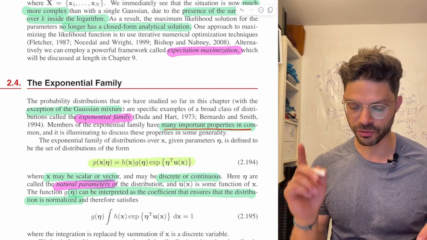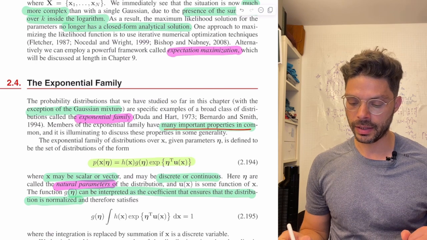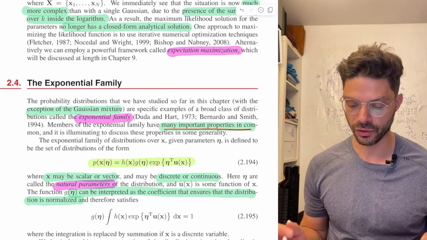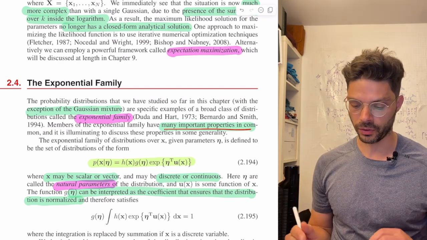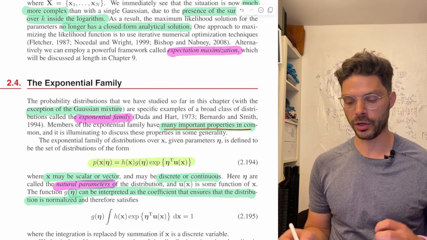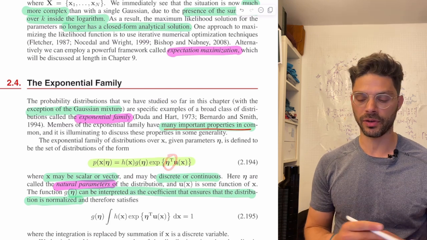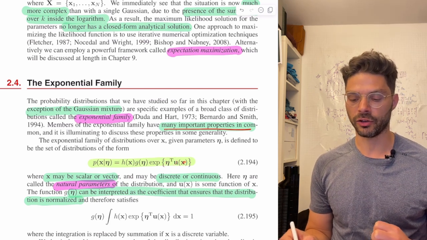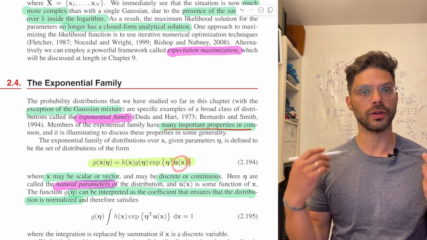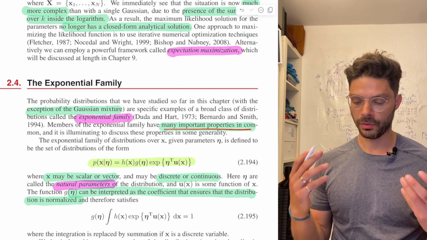Interestingly, and it's one of the key properties, they interact via this function u. We're going to be talking about that function u extensively. It's going to be really important. When you're trying to optimize the parameters, the data does not interact directly, but only via this function u. So that's going to be really important.